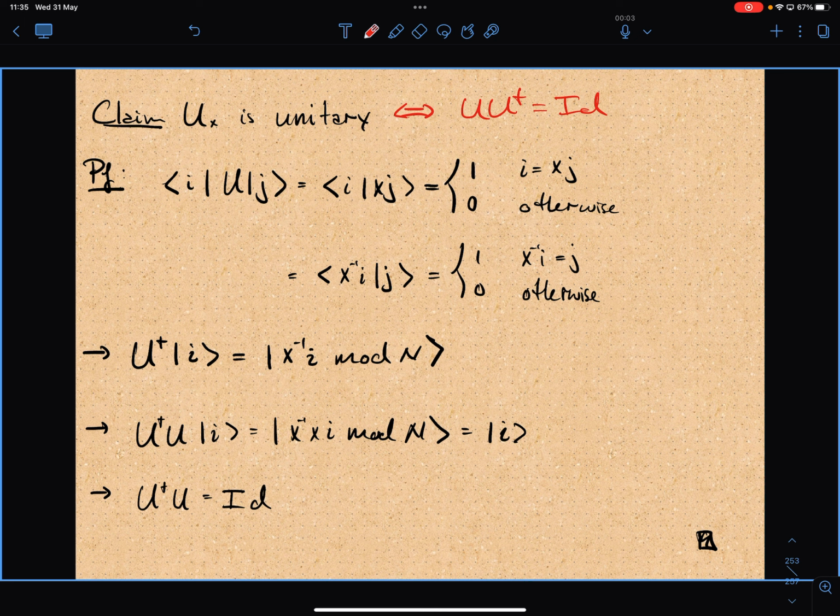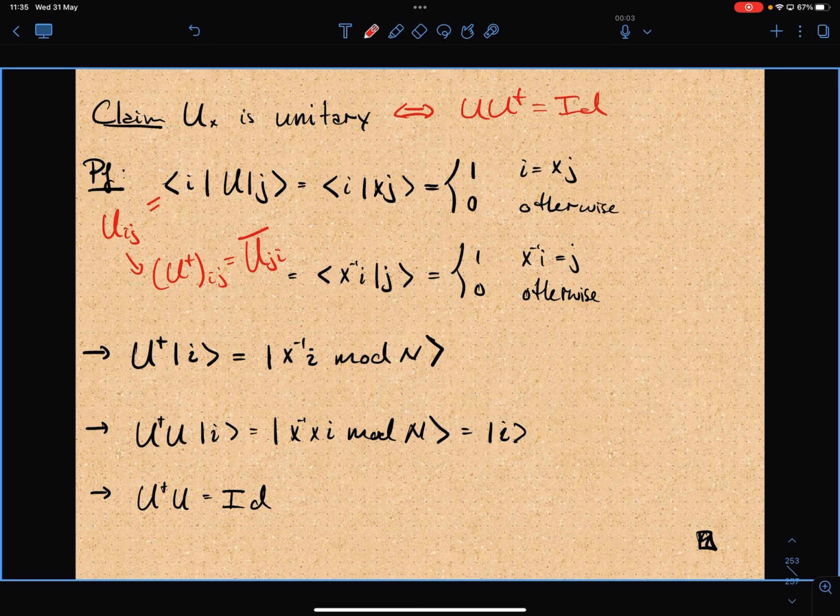And in here, I'm essentially computing the ij entry of the unitary operator as a matrix, so that I can compute the ij entry of the dagger version, which is just going to be Uji complex conjugate.